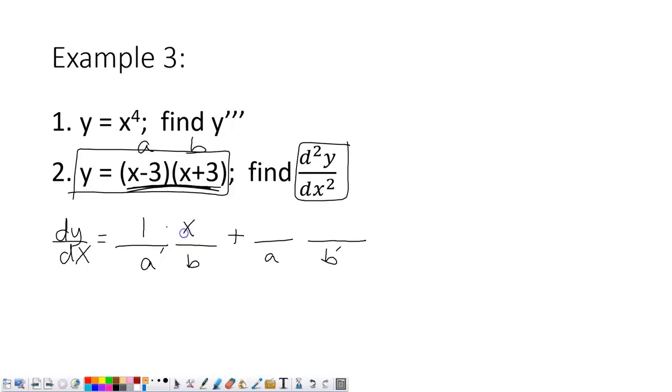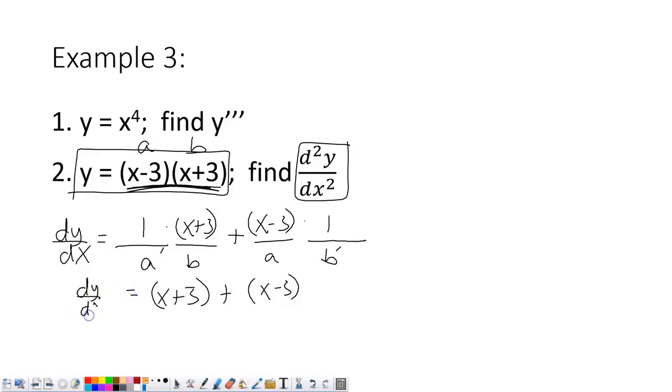B prime is x plus 3. A is x minus 3. B prime is 1. Multiply. And there's my dy dx.